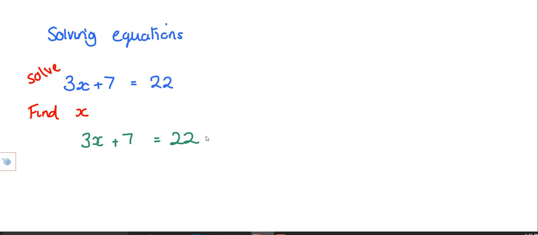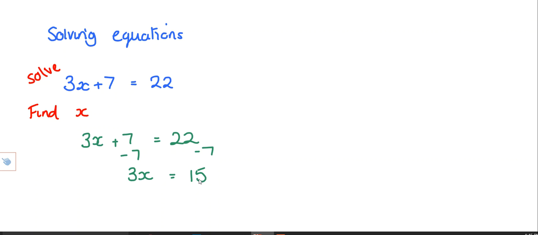You can take away the 7 on both sides. So take away 7 from 7, take away 7 from 22. What does that leave me with? On here, this leaves me with 0, and 3x equals 15. Now, I just want to jump in here.